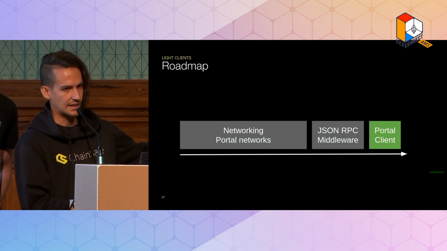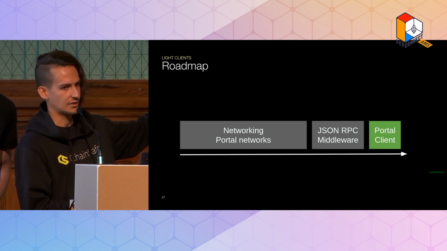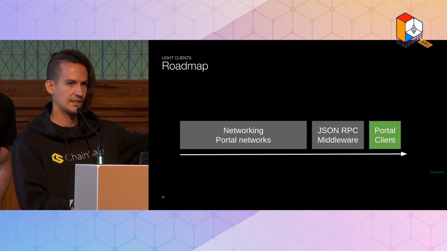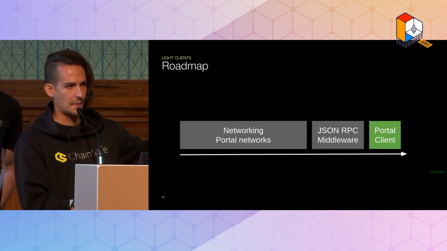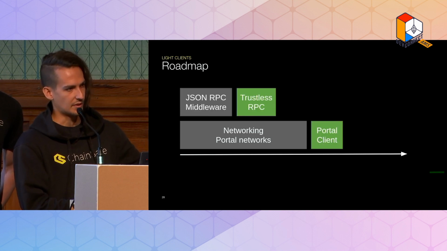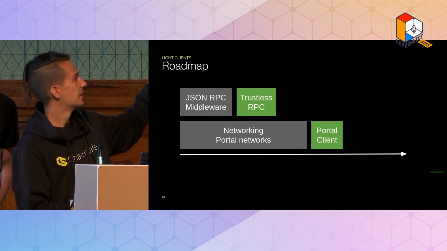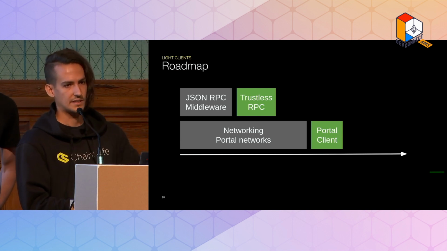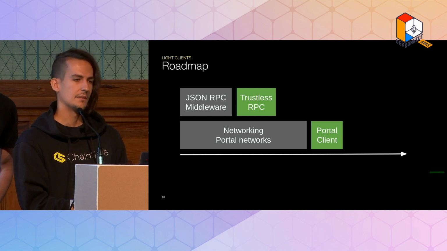So in this diagram, the first section is what Piper is working on, these really cool centralized networks for data providers, but then you need this logic to actually translate the JSON RPC calls into something that you can prove. So what we are working on now is doing that, and then we can deliver this trustless but censorable RPC that is still much better than the status quo.